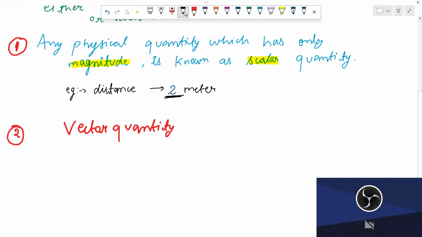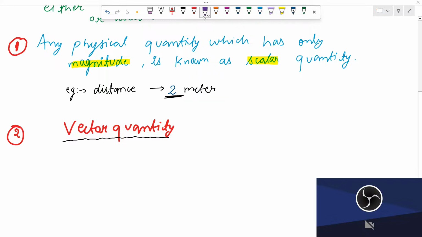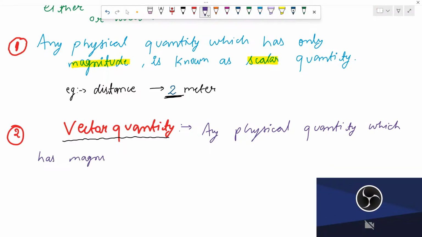Okay. So look here, any physical quantity which has magnitude as well as direction is known as vector quantity.